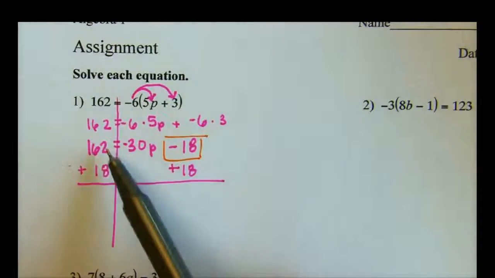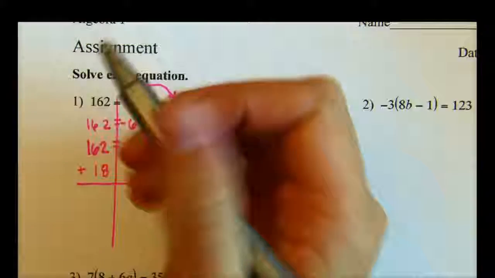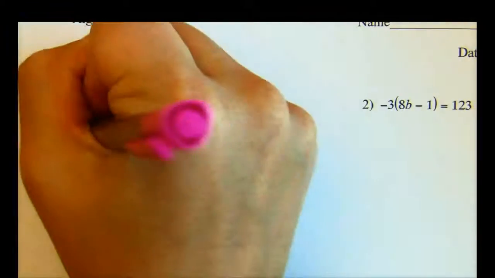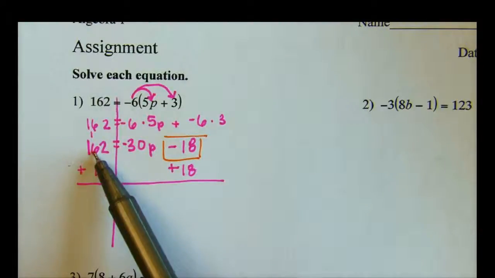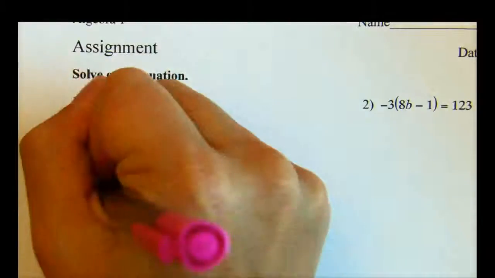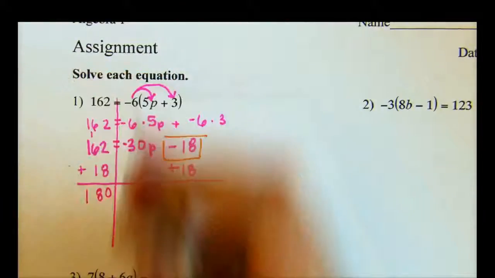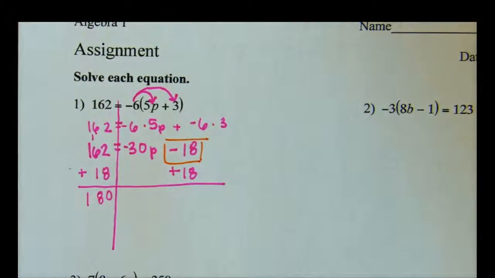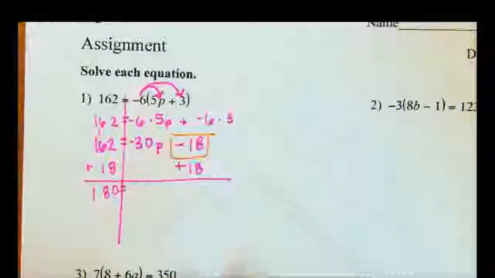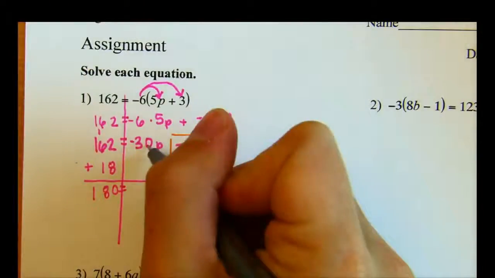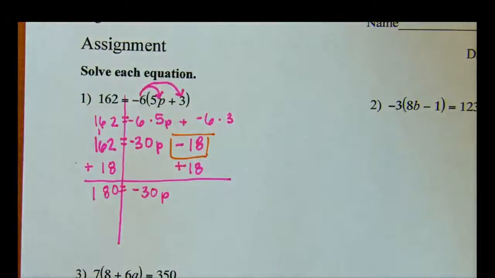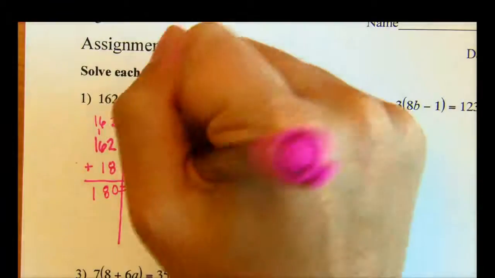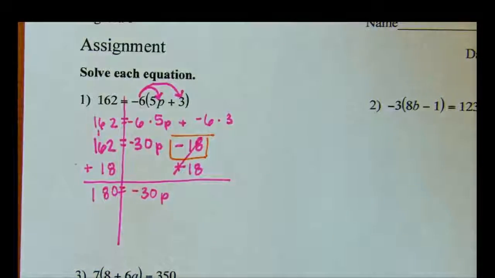When I do that over here, I'll have 2 plus 8, which will give me 10. And then 1 plus 6 is going to give me 7. 7 plus 1 is going to give me 8. And I'm going to bring down that 1. Is equal to, over here, I'm going to bring down my -30p. And this 18 over here is going to cancel out. It's just going to go away.